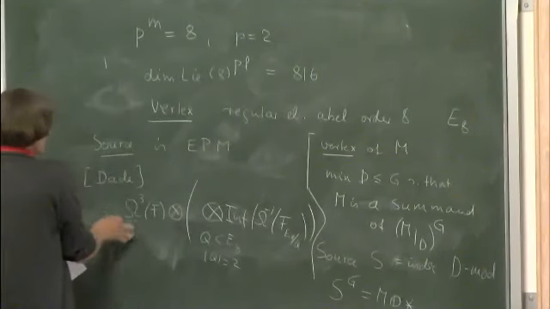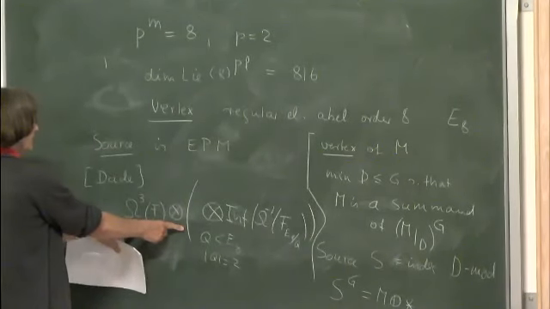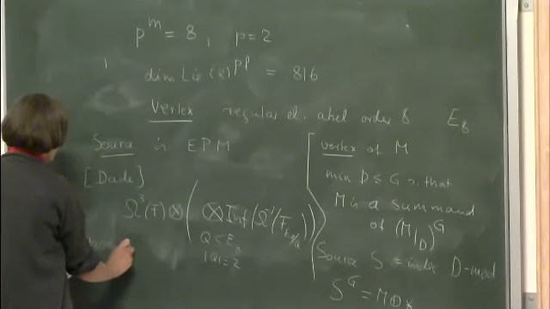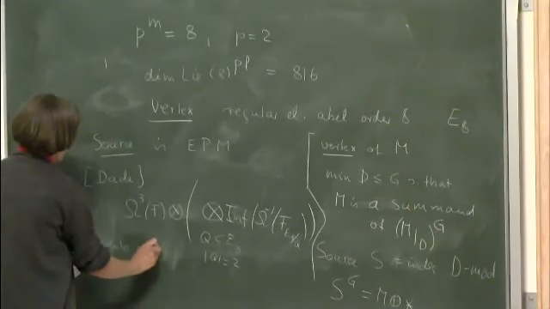It's not quite right, because this could have projective summands, but modulo projectives, it's just that.